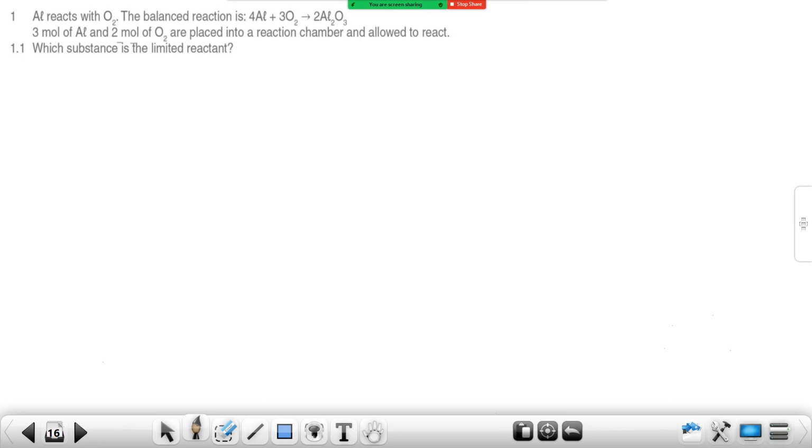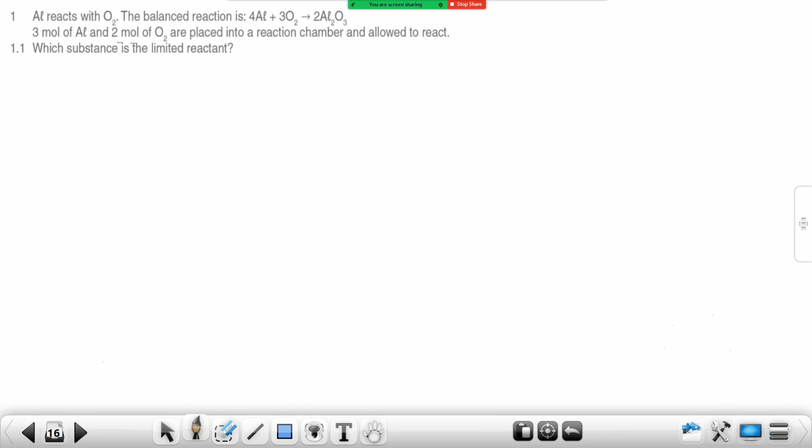Here is a question. Read it and analyze. Aluminium reacts with oxygen.